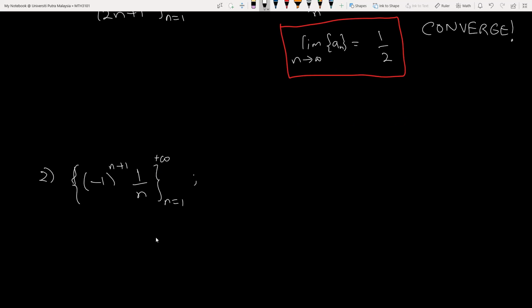We need to find the limit. In this case, you can see that when n goes to really big, the term 1 over n goes to 0 and is not going to dominate. So the other term is dominating.